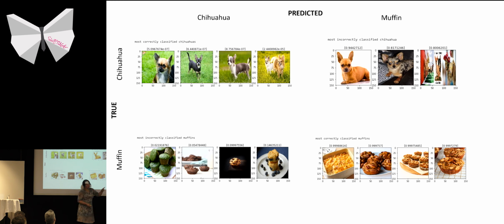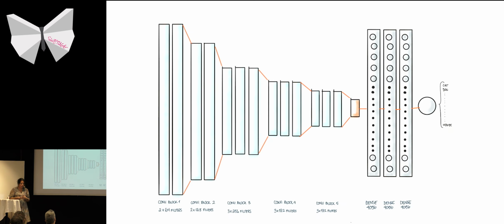But maybe we should put more spotted chihuahuas in our data set, or maybe we should ignore the green muffins, I don't know. But by looking at the errors, we can see what we need to focus on a little bit more.